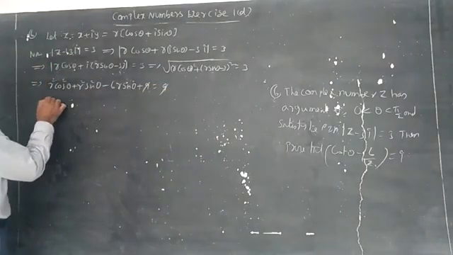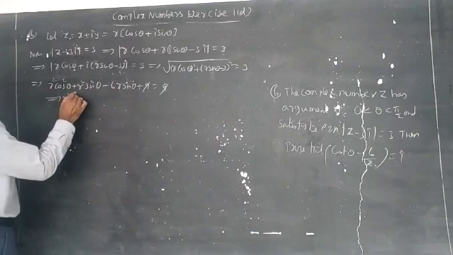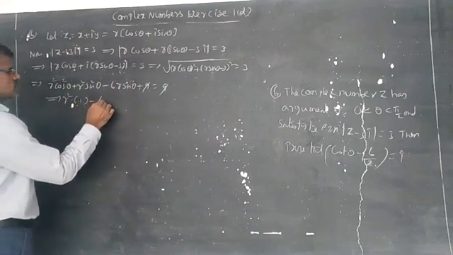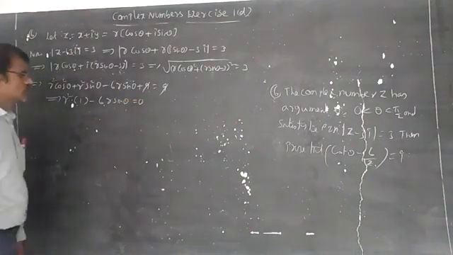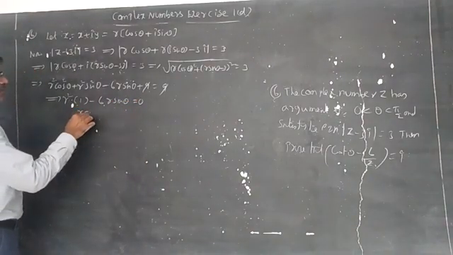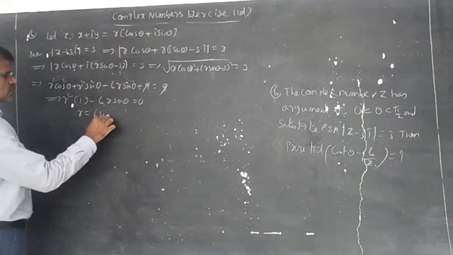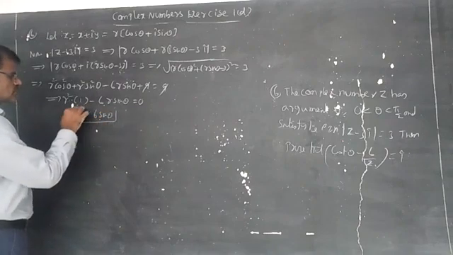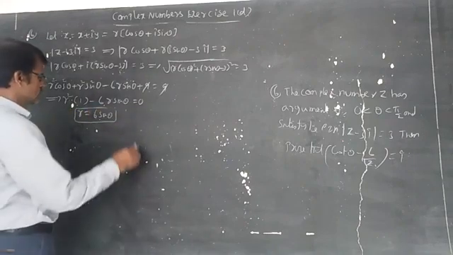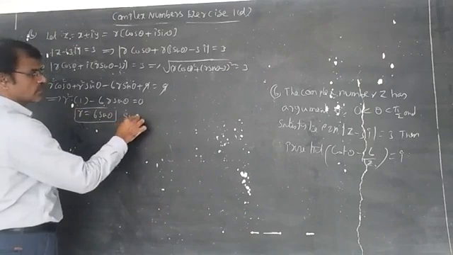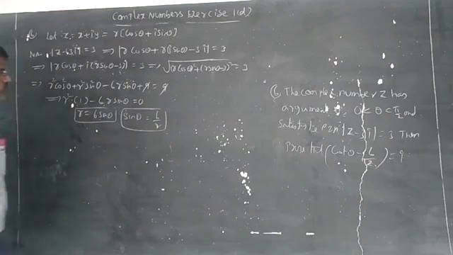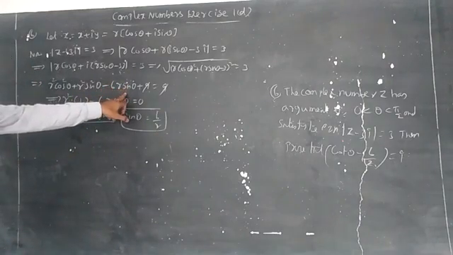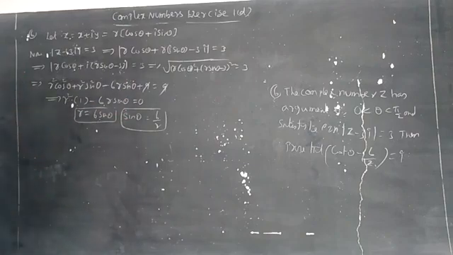Now r square into 1 minus 6r sin theta equal to 0. Dividing by r square, you can write r sin theta is equal to 6 by r, so sin theta is equal to 6 by r.